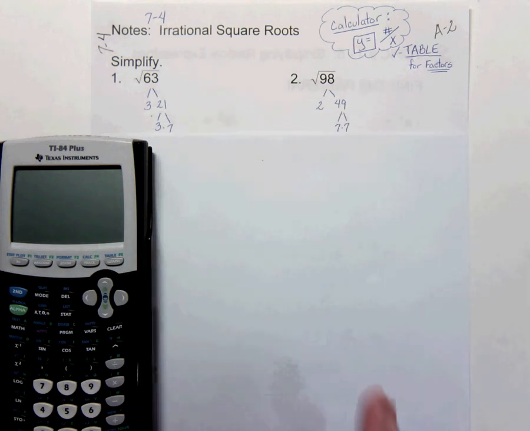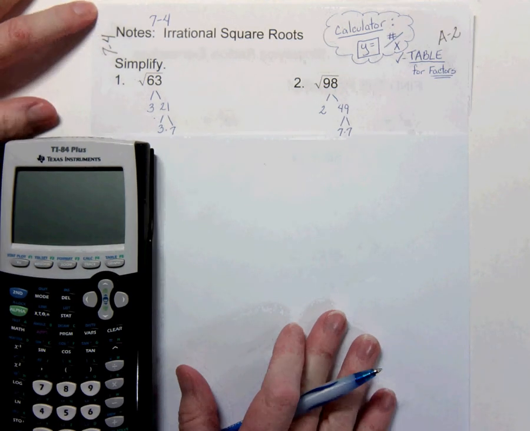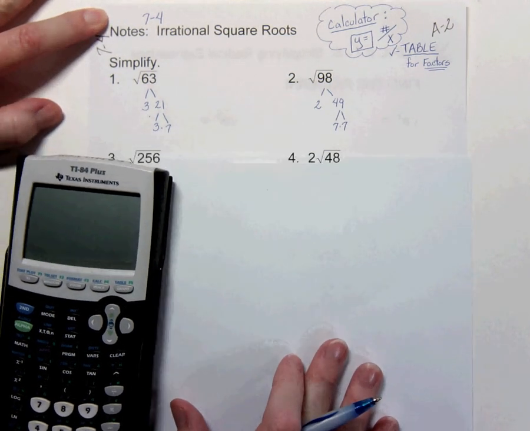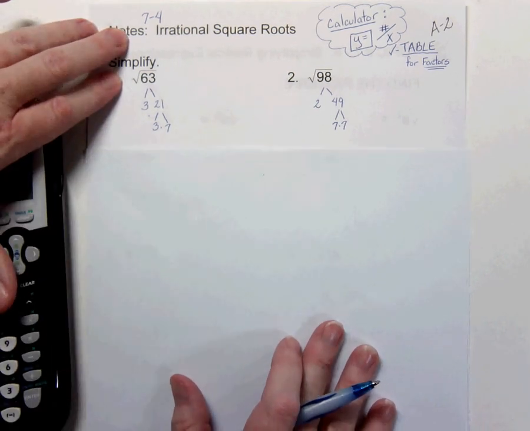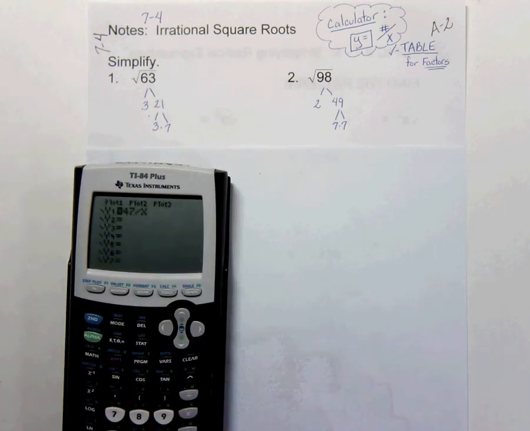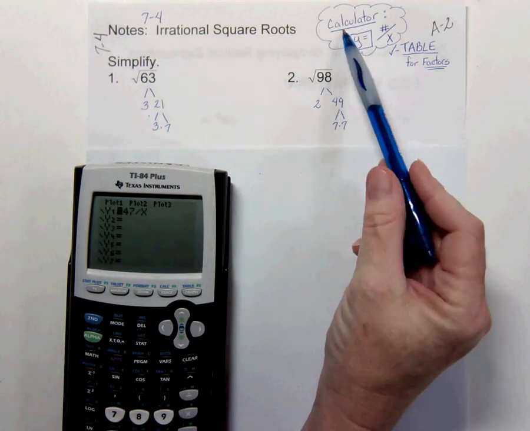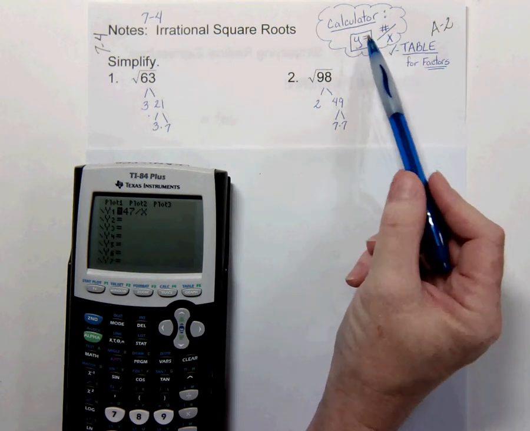I put in the top corner of this what you can use with a calculator. If you're trying to find numbers that are factors of a number, you can use your y equals button.